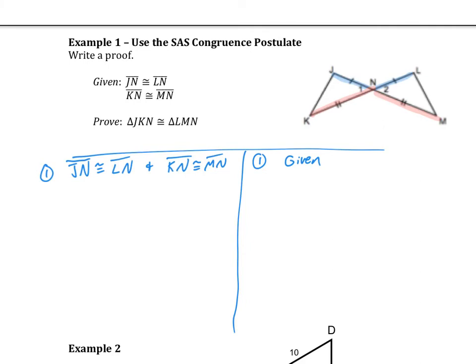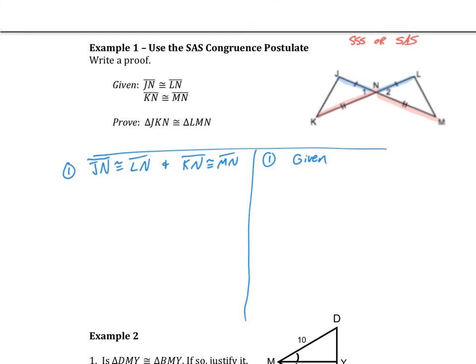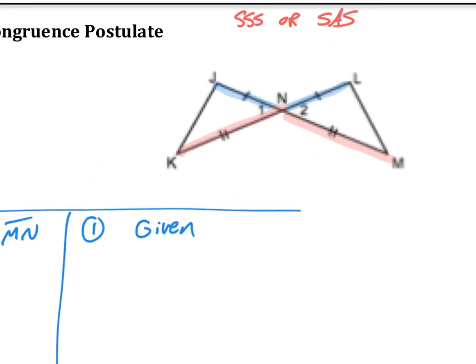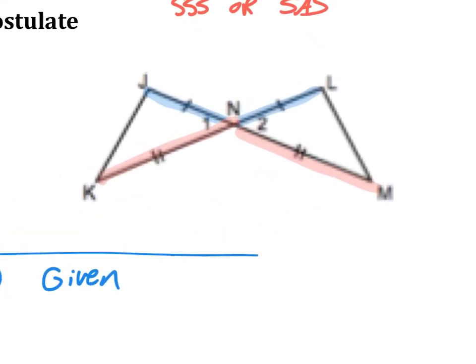So that gives us an S and an S. So far we know there is side, side, side, or side, angle, side. Is there anything, if you look at that picture, that you could say is congruent based on the picture? Any sides or angles? Besides JN and NL, no. Like, you can't say that JK is congruent to LM.